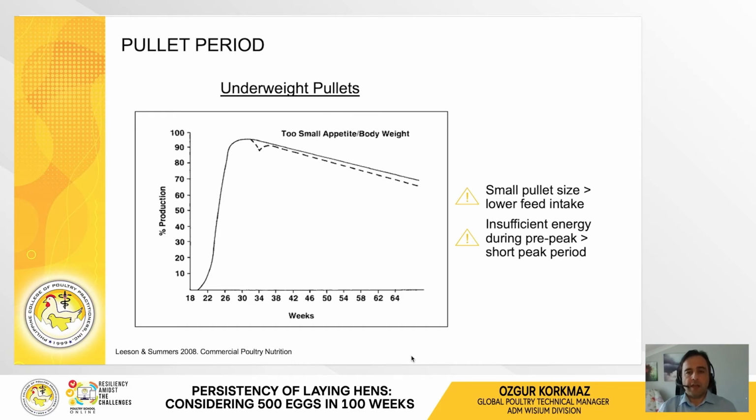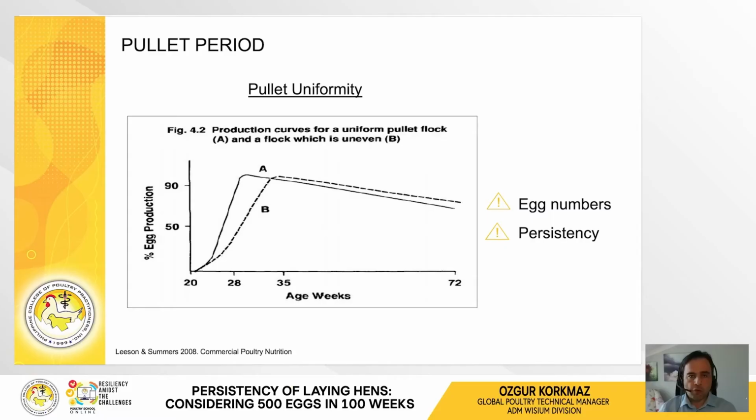That's why we need to get the right, targeted body weight at the end of the pullet period. And also pullet uniformity. If we cannot reach targeted pullet uniformity, egg numbers and persistency will be influenced. You can compare a uniform pullet flock and an uneven flock, as you can see in the slide.